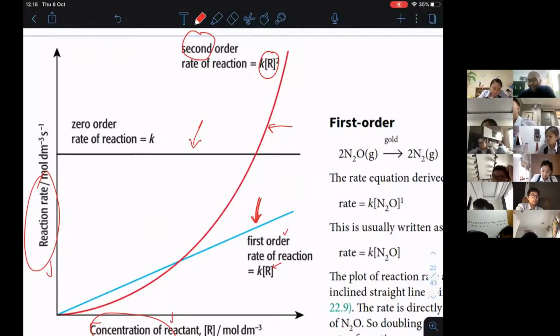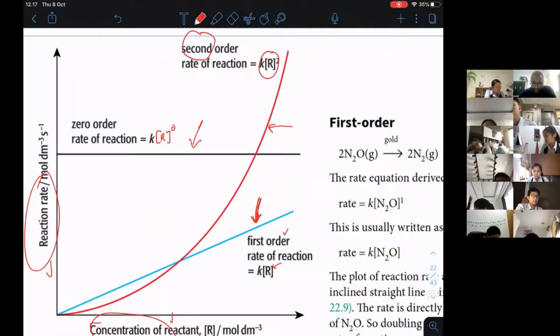So this is going to be to the power of 2. If you have to the power of 2, this graph is going to be known as second order, because it is to the power of 2. It's something like a quadratic graph. So I want you to remember this. We have 3 types of order: zero order, first order, and second order. Zero order means the reactant is to the power of 0. Anything to the power of 0 is 1.